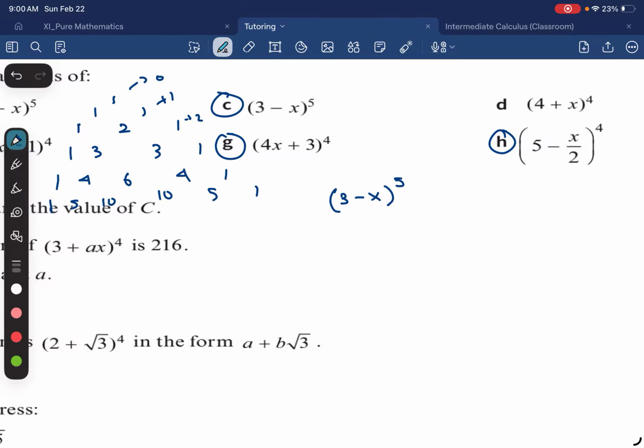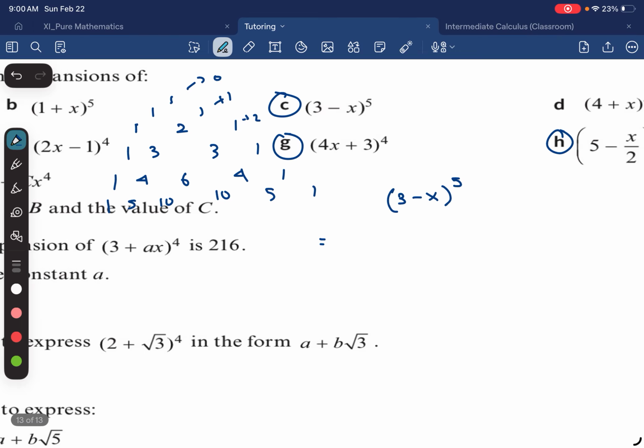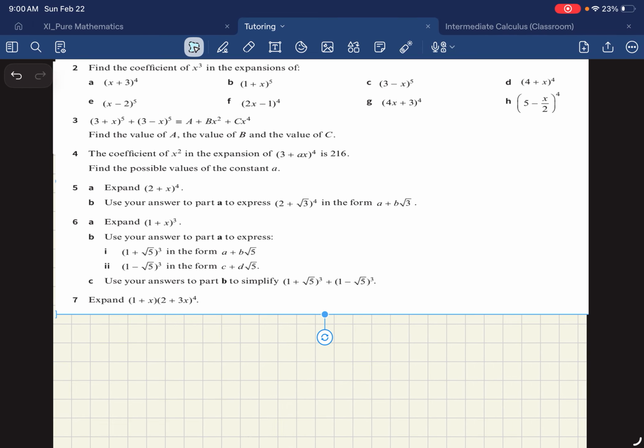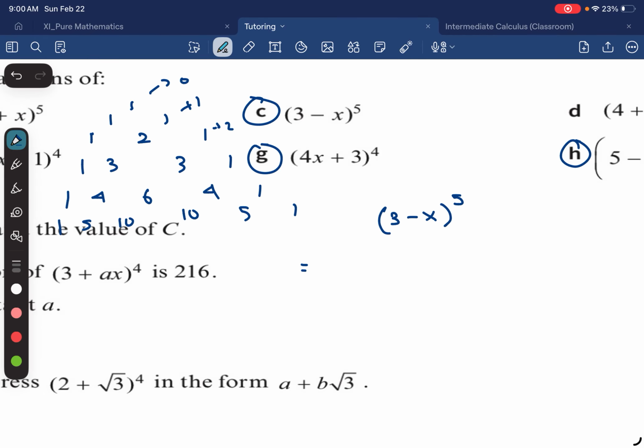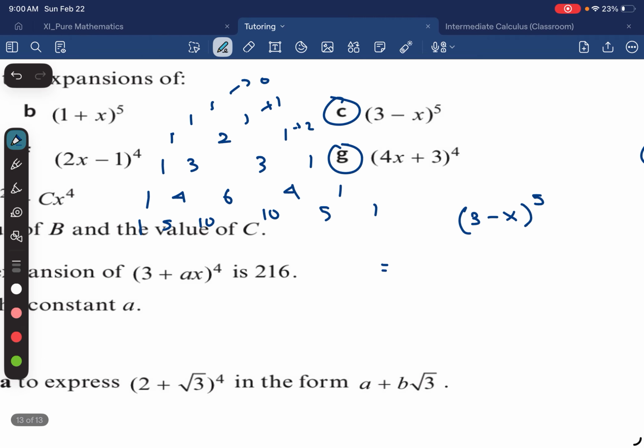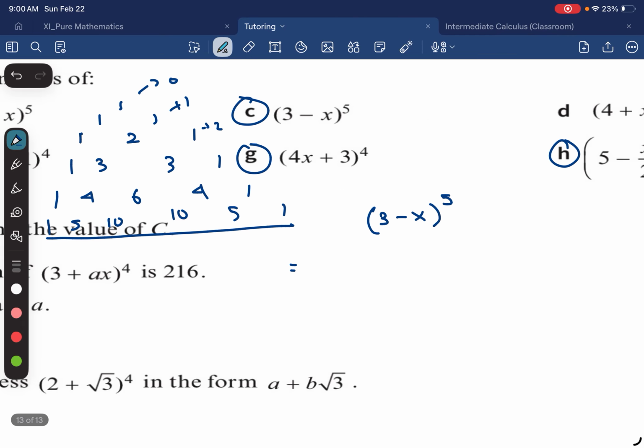There are a few ways to do this. One way is you can expand. You can use Pascal's triangle. When n is equal to 5, so 0, 1, 2, 3, 4, 5 is my 6th row, right? This is what happens when n is equal to 5.